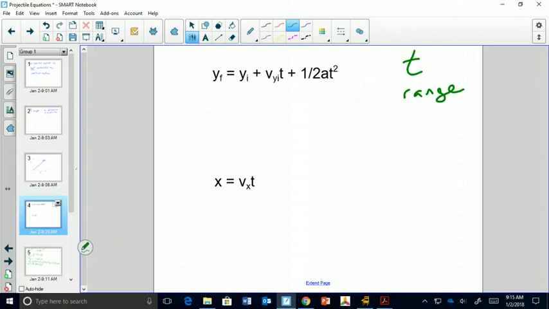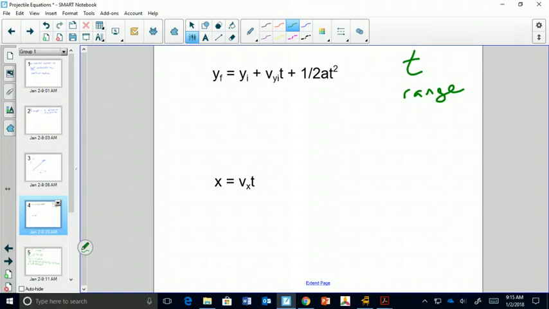This is 0. What's my YF? Negative 1.05. So I know my distances, I know my initial velocity, which was 0, and I know my acceleration, that's gravity. I'm trying to find time. So I'm going to use this equation to solve this problem. I need to get time by itself. Are y'all comfortable with that?